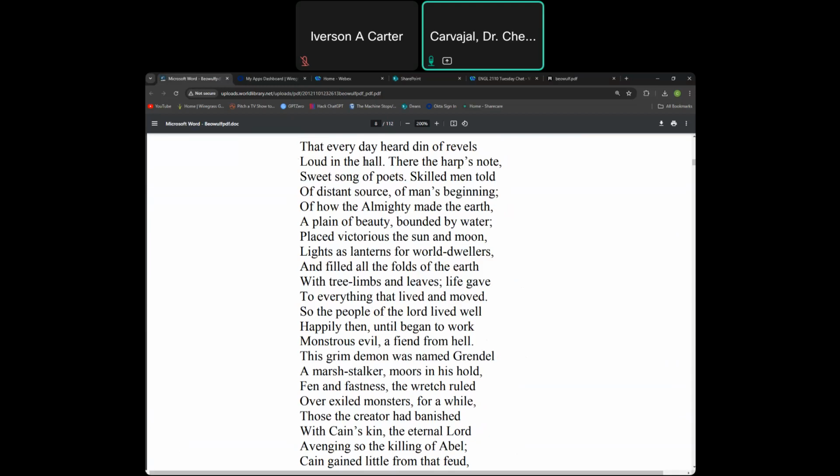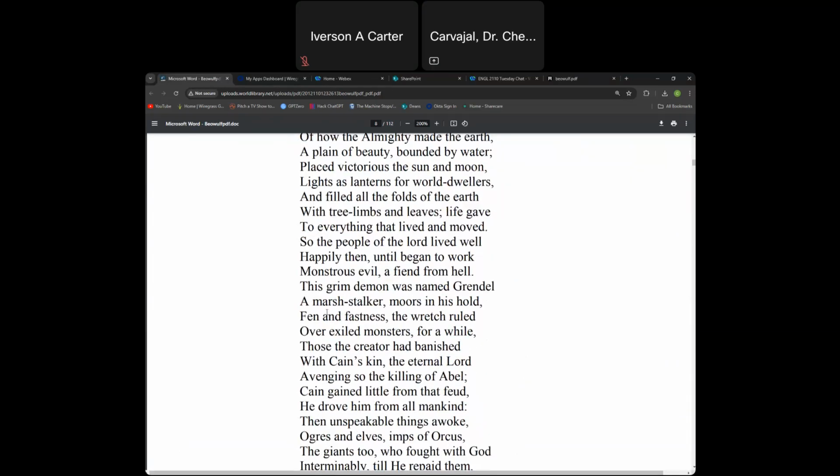He doesn't like that it's so loud. But the Danes love the stories. They're all enjoying it. They're all happy, and they're doing well. They're successful. The hall is beautiful. Everybody's having a good time.